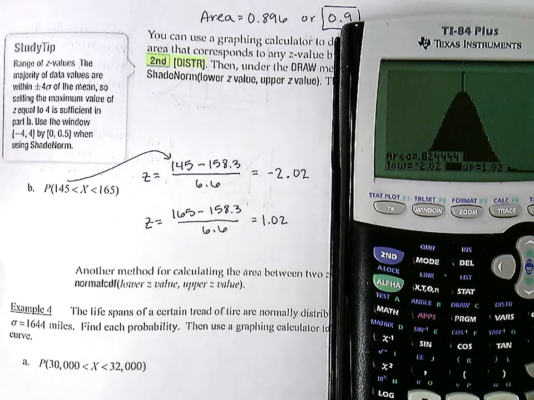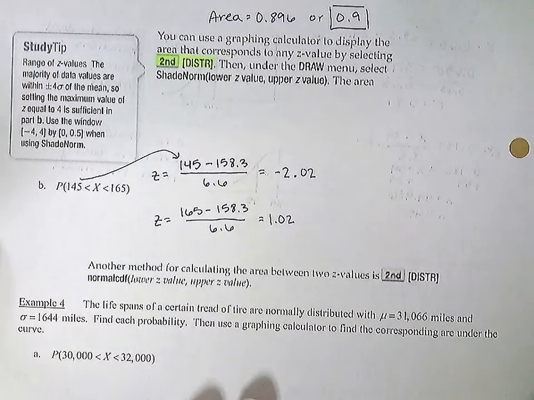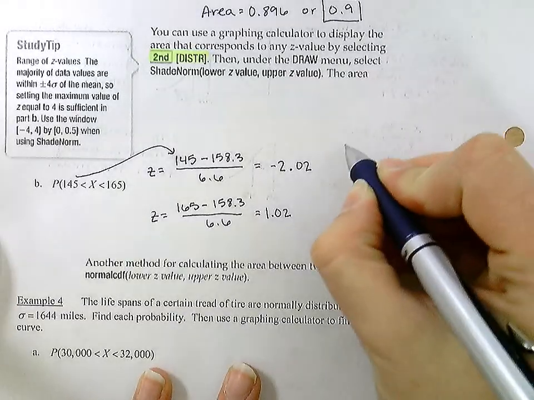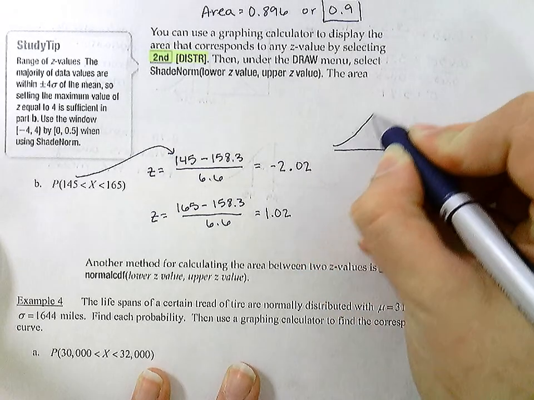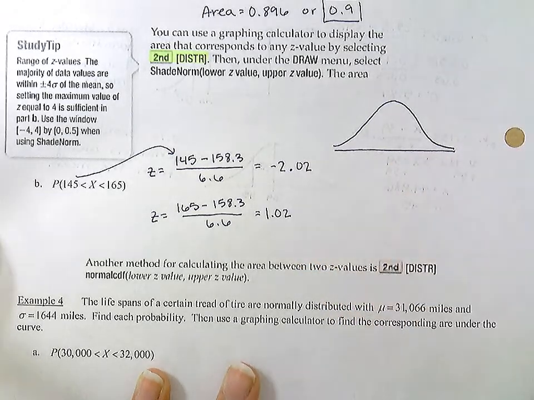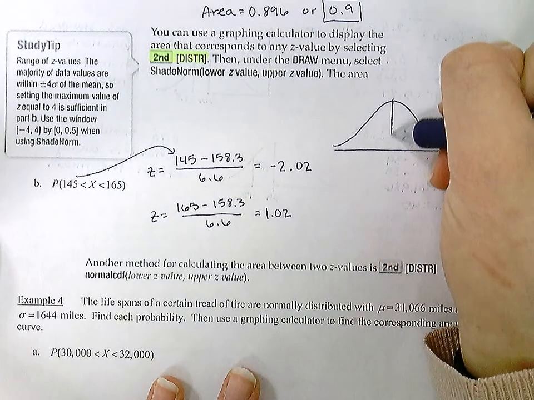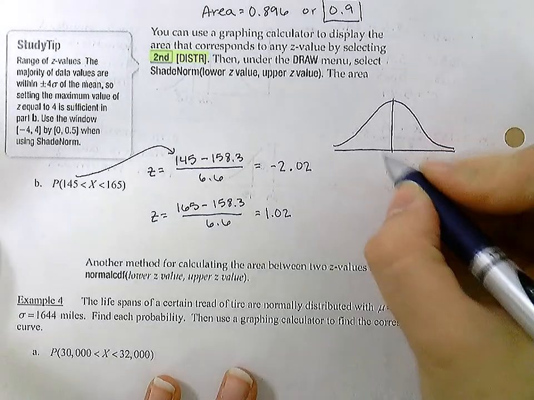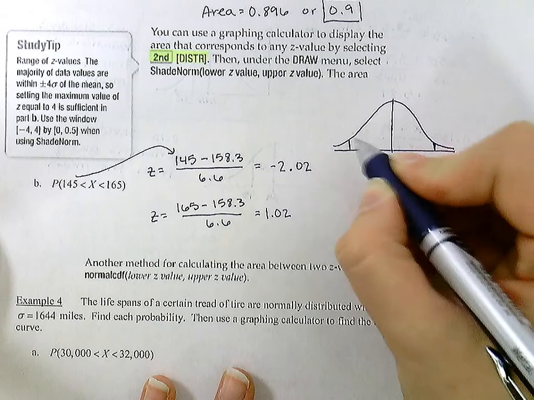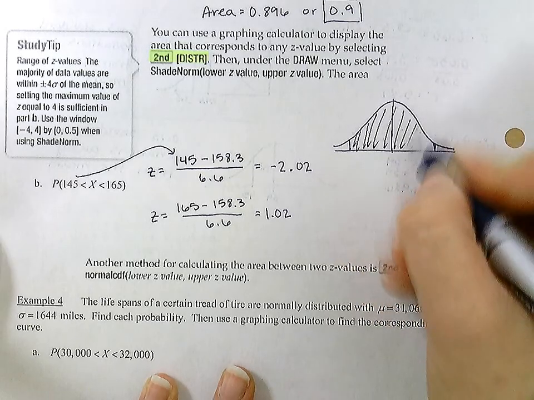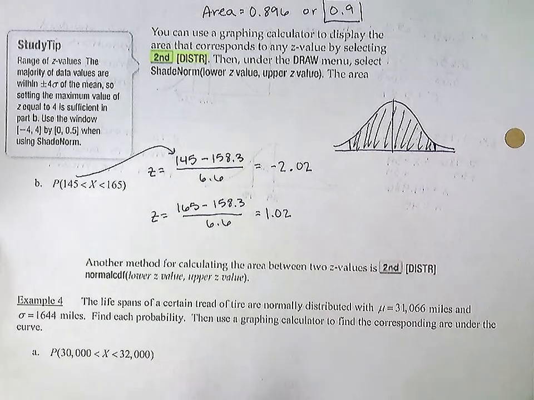Same thing. Now it's shaded more, well, less, but to the left more. Okay, then we draw. We have our mean in the middle, and it's between those two points there, and you just have the tails missing.